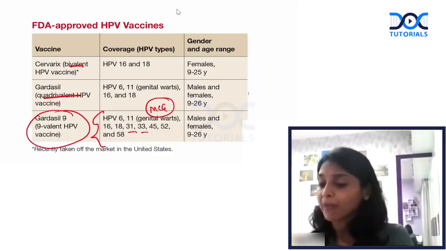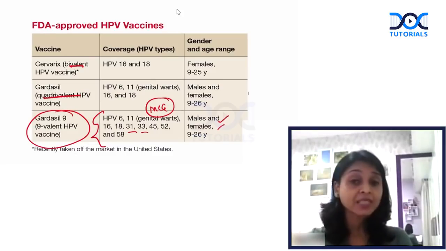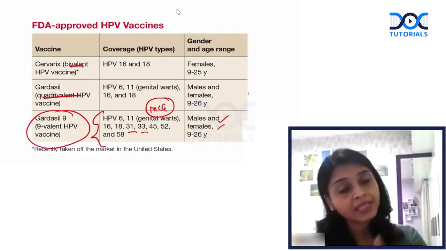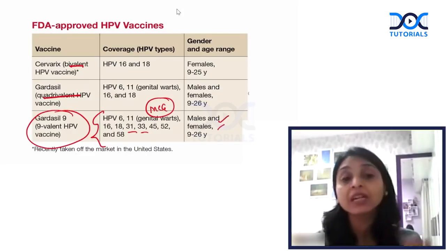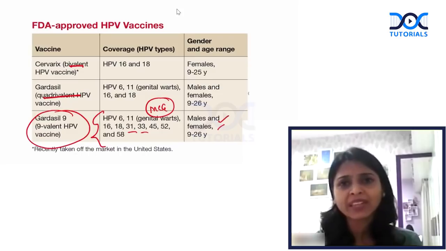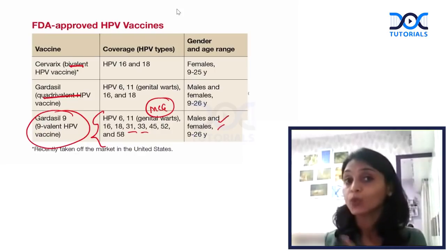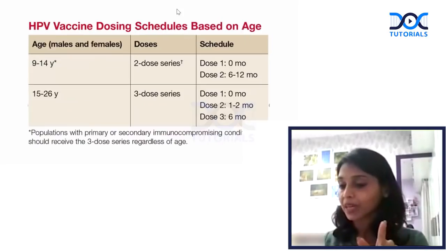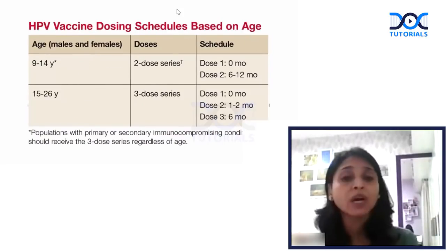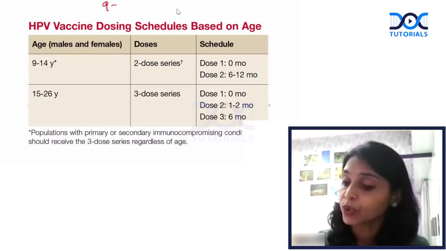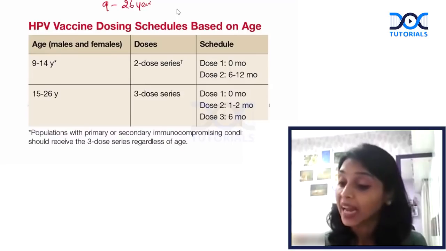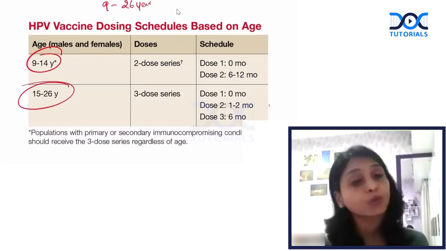It's given for both males and females, because we have seen that it is not only for preventing CA cervix, it can also prevent oropharyngeal carcinoma, then anorectal, so many things. So it can be given for both males and females. Now coming to the answer for that particular question. This is usually given for the age group 9 to 26 years, which is again divided into 9 to 14 years and 15 to 26 years.